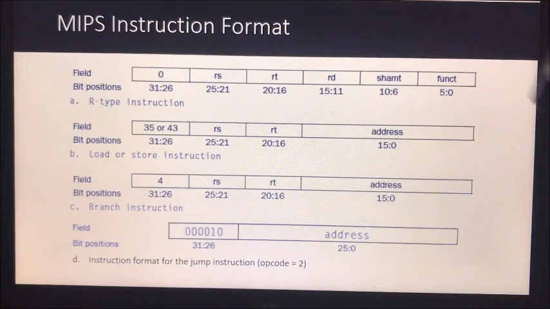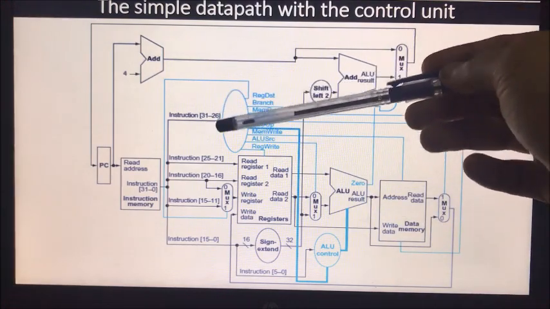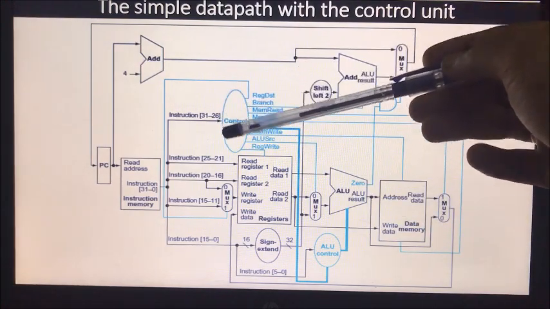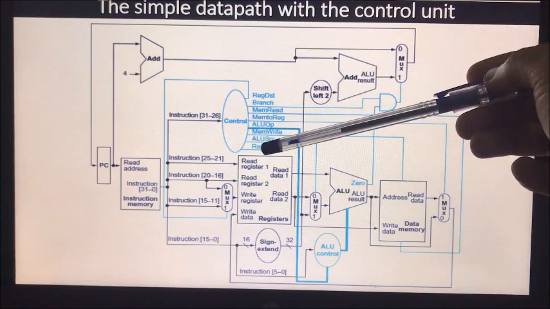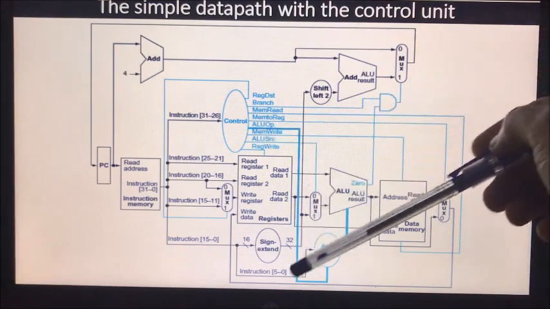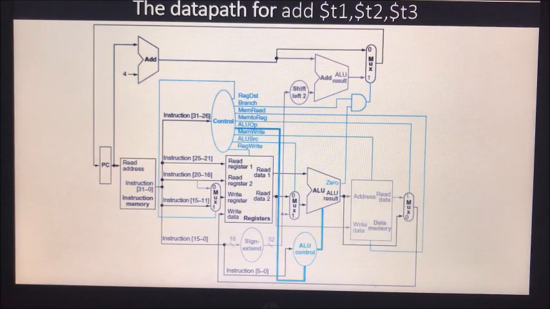This is nothing but two-stage control signal generation, or two-stage control unit design. Once it decides the operation type, it generates different control signals, which are given as inputs to the corresponding units.